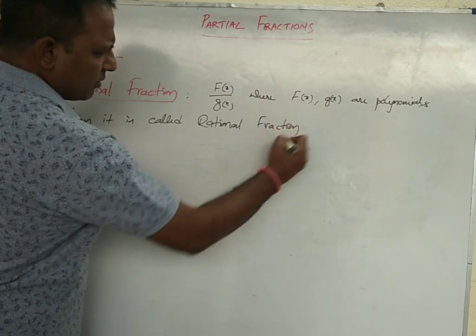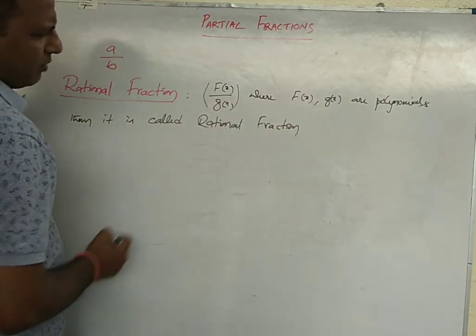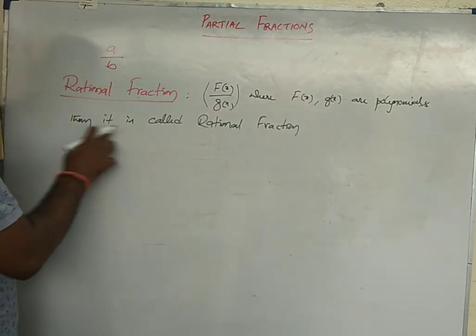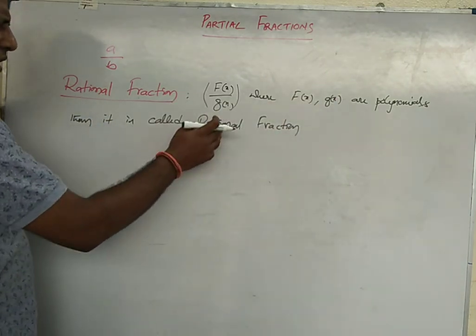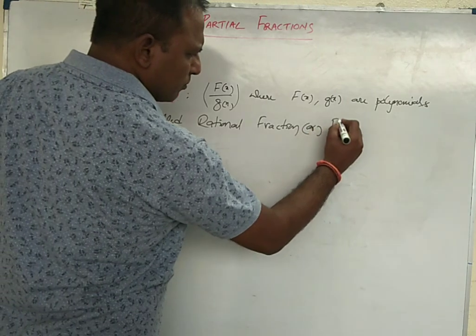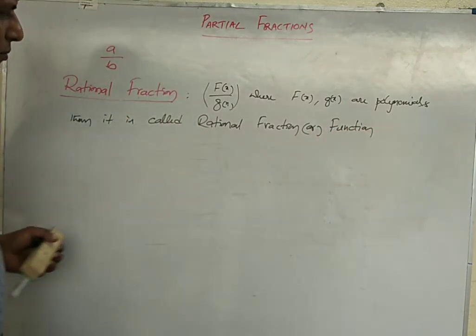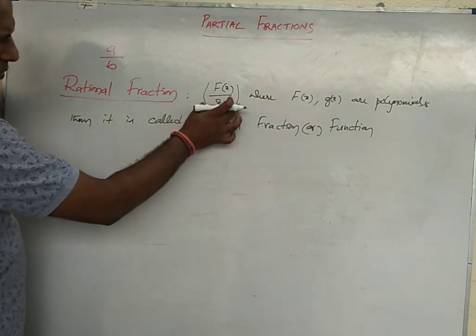Since it is in the form of f of x by g of x, where f of x and g of x are polynomials, it is called a rational fraction, or a rational function also. Can you give an example for this?